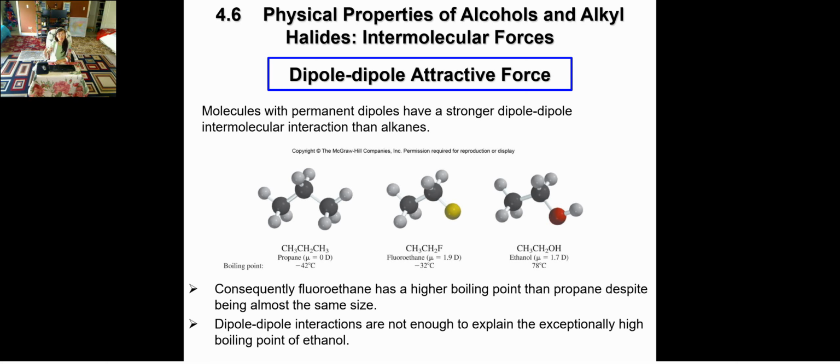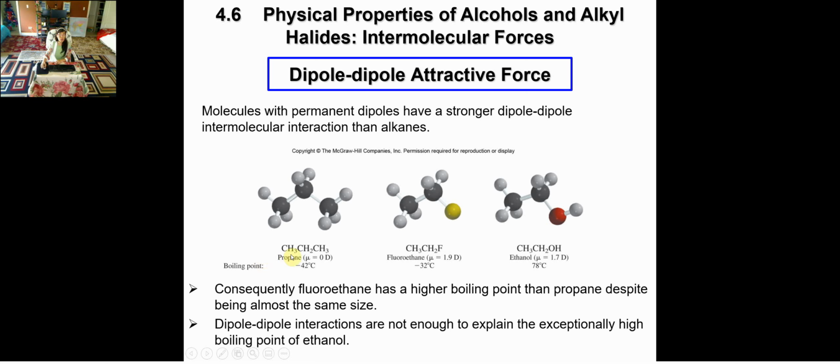Dipole intermolecular forces are attractive forces that occur between two different molecules. Compared with the parent alkane, both alcohols and alkyl halides are polar molecules, meaning the dipole attraction will affect the boiling point and the melting point correspondingly.